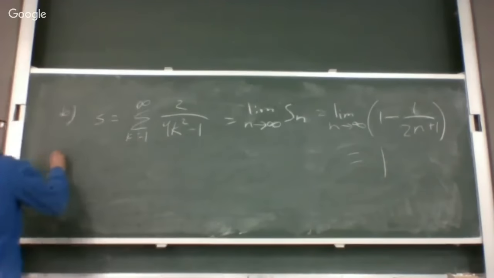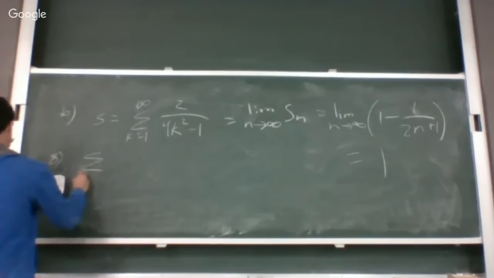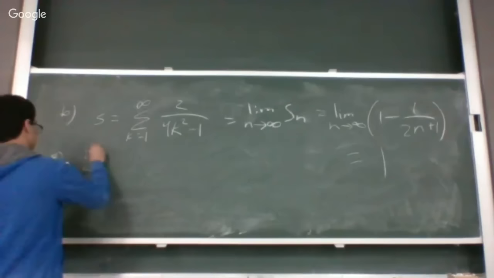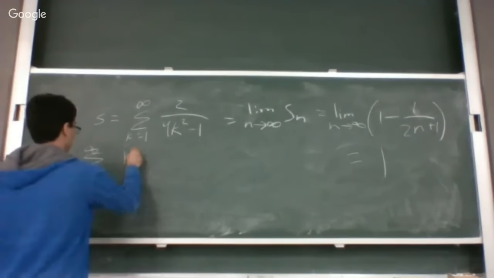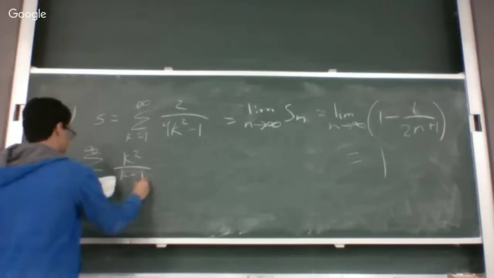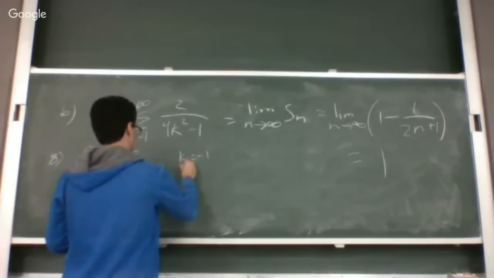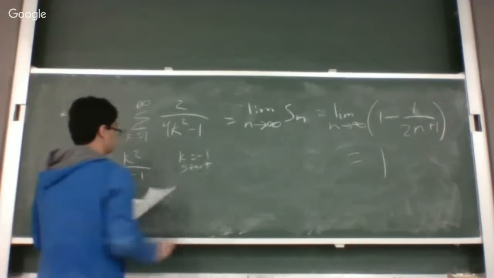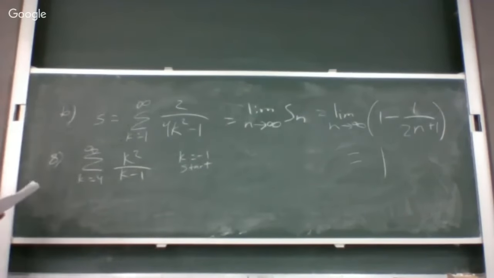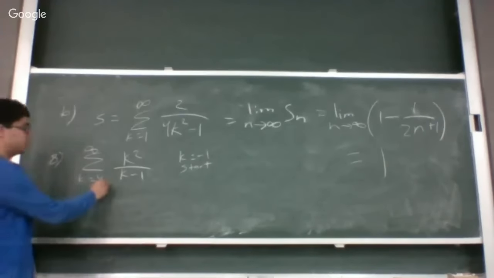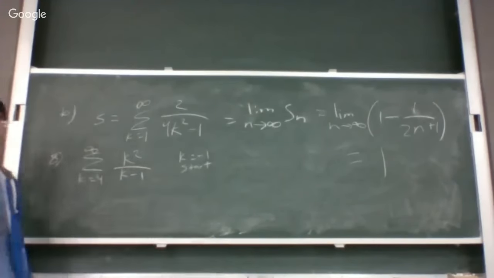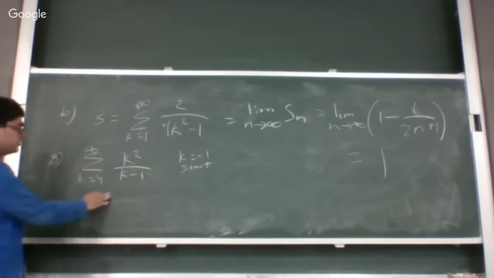So the next problem is re-indexing the summation from k equals 4 to infinity of k squared divided by k minus 1, and we want it to start at k equal to negative 1. Okay? So what you have to think of is, what's the difference between 4 and negative 1? It's 5, right? And we're lowering it, so we have to add 5 here.